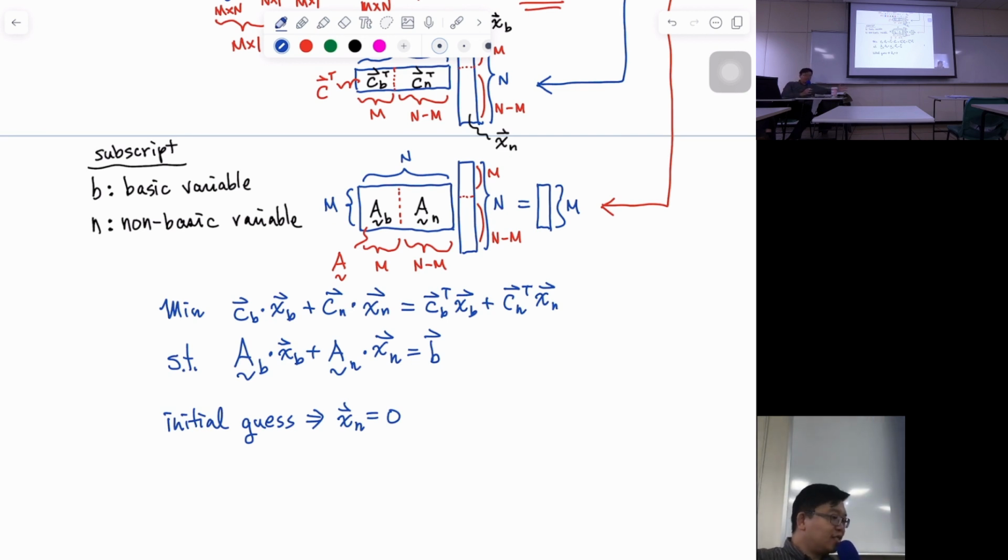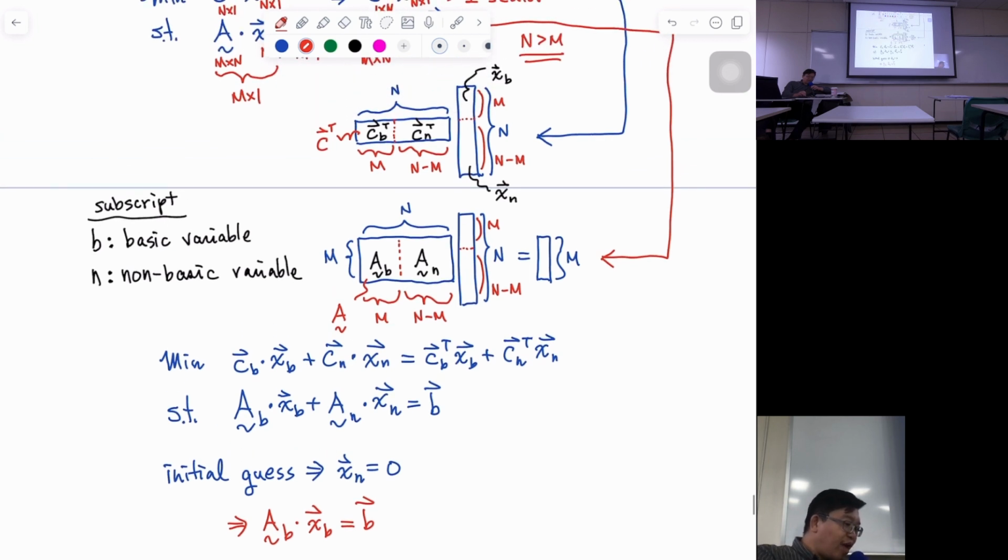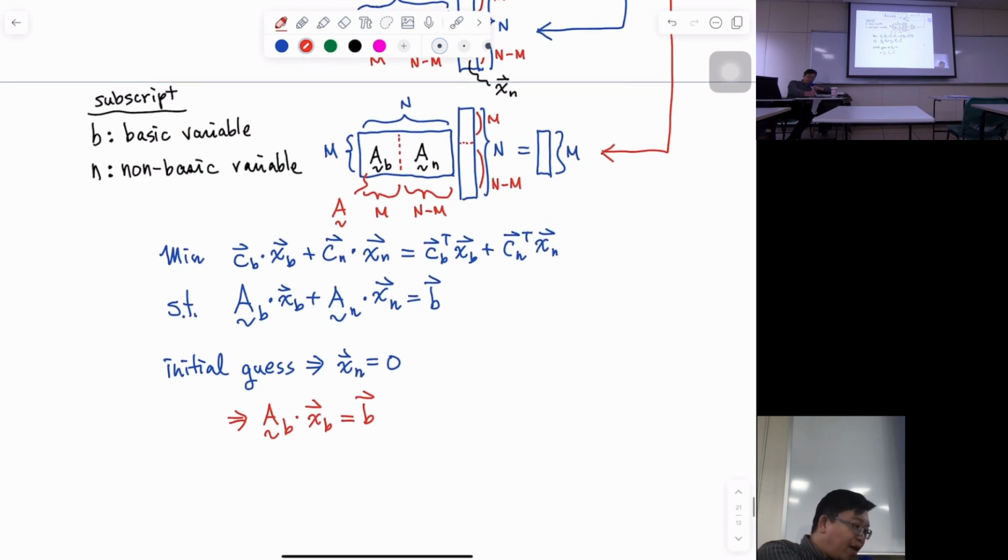If we do that, what will happen? It's gonna be like this. So basically XN becomes 0. Then you have AB times XB equals the B vector. And what's the size of AB? It's an m by m matrix.